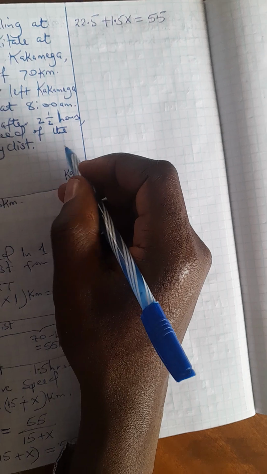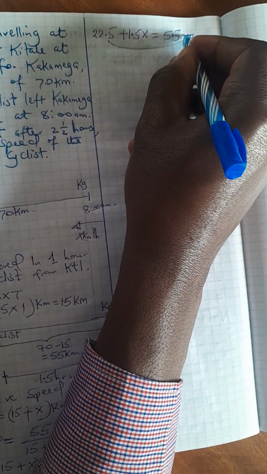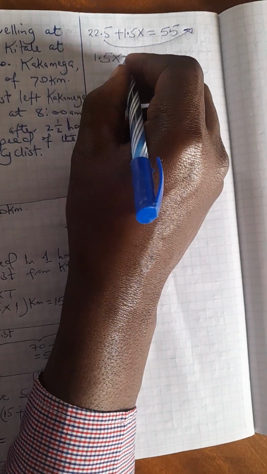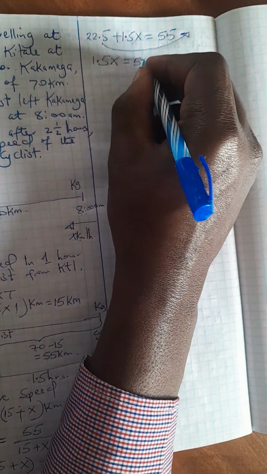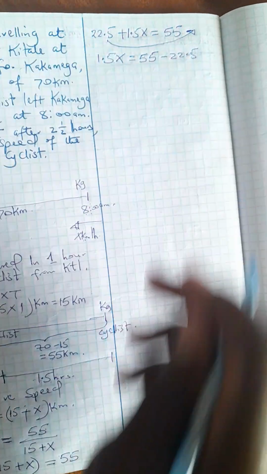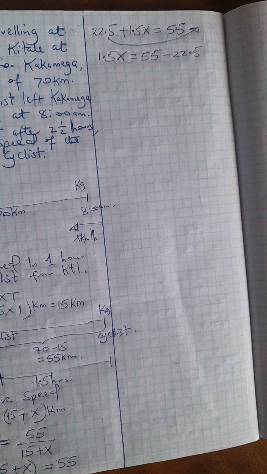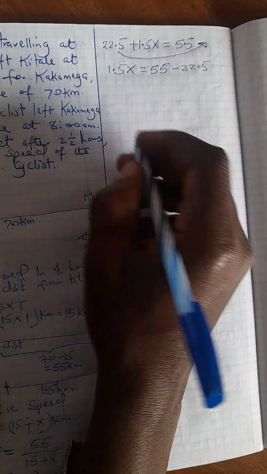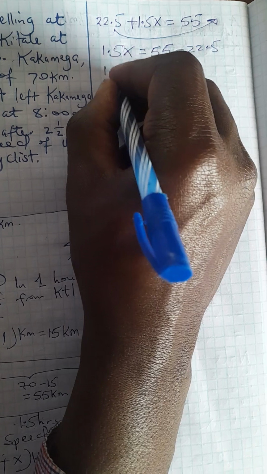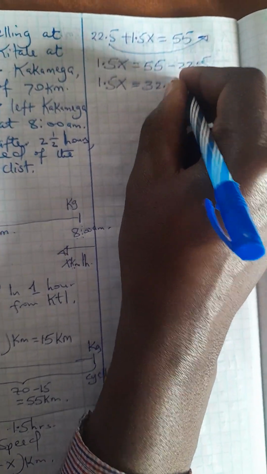So when we rearrange this, take this one to the right hand side, we remain with 1.5x equals 55 minus 22.5. So 55 minus 22.5 gives 32.5. So 1.5x is 32.5.